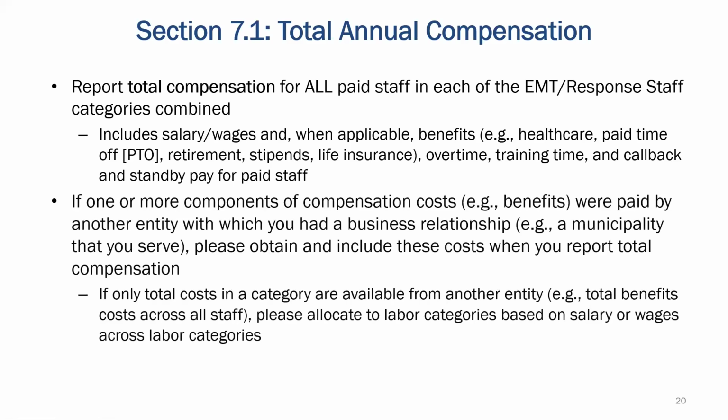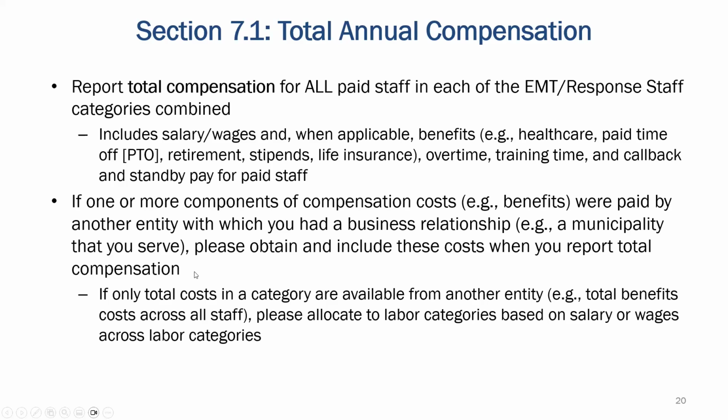It's important to note that if some of those compensation costs, like benefits, for example, are paid by another entity, like your municipal government, if you're a government-based ground ambulance organization, those must be included when you report total compensation.